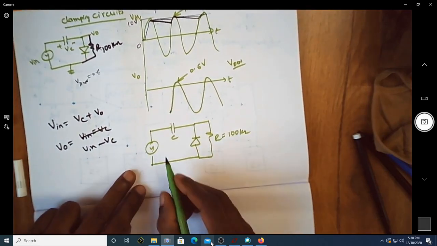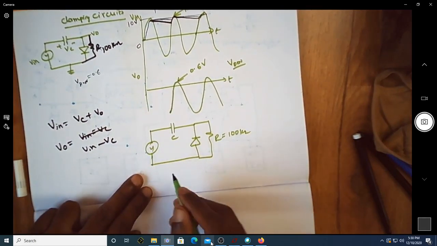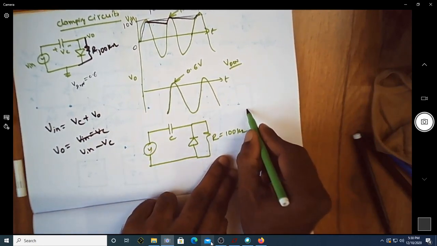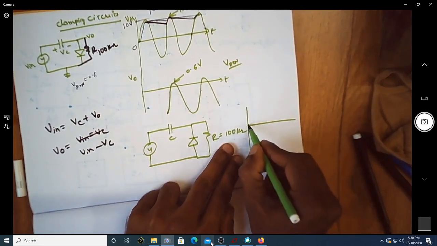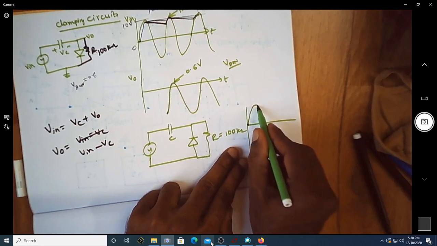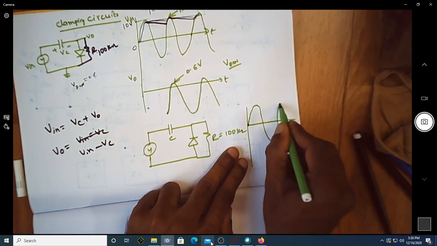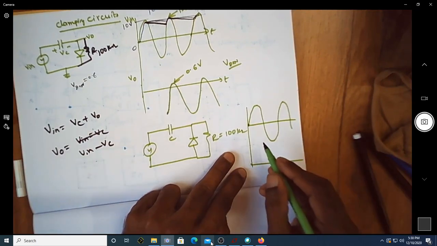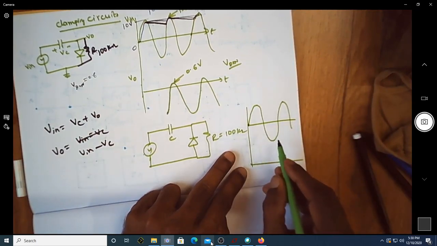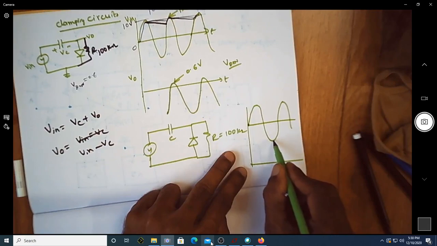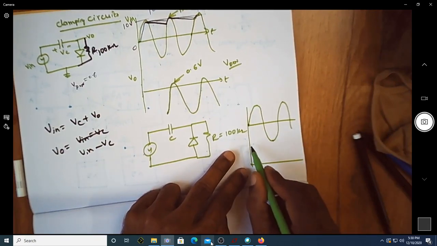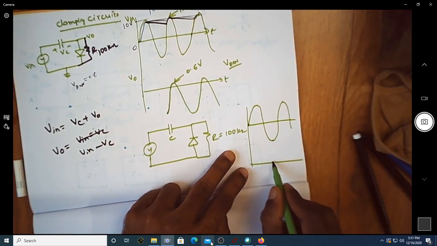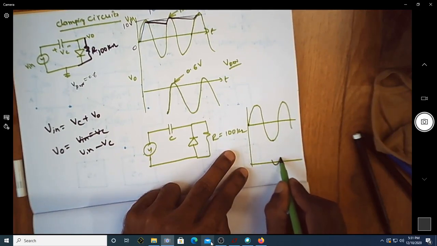This will be your input waveform. Let me write it for once the output voltage settles down, and you will see the output voltage will be something like this, where the negative peak will be clamped to minus V gamma. It goes like this.